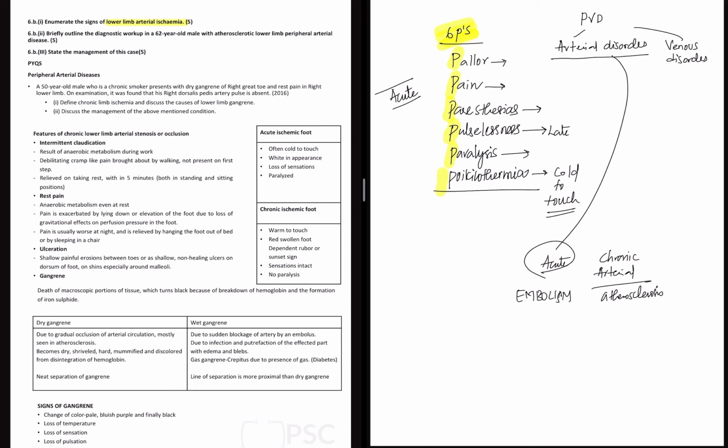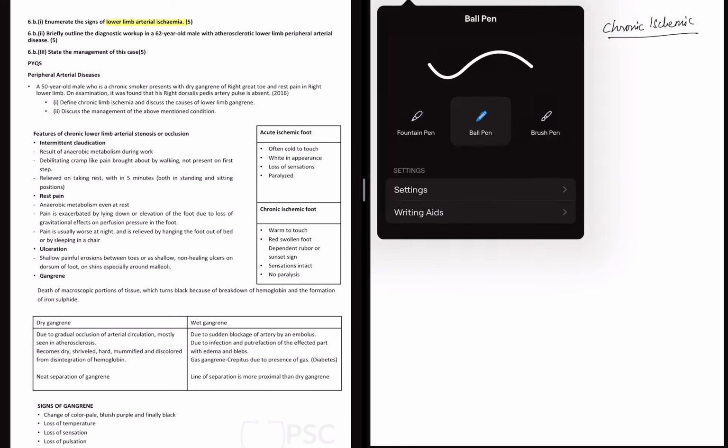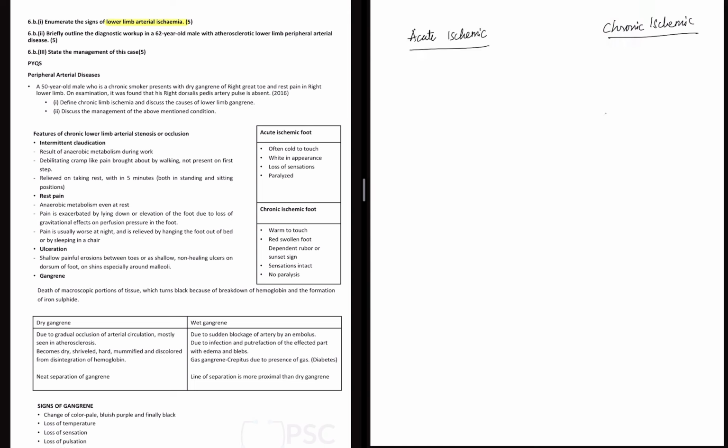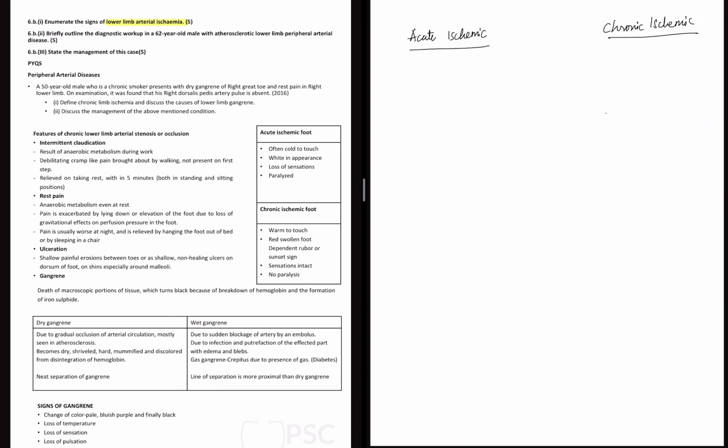Now, because of ischemia, you see these 6 P's in acute cases. What happens in chronic cases? Let's differentiate. You have an acute ischemic foot and you also have a chronic ischemic foot. In acute cases, yes, they are cold, but in chronic cases, because of the collateral supply, they are warm to touch.